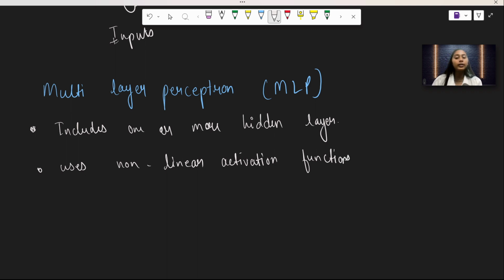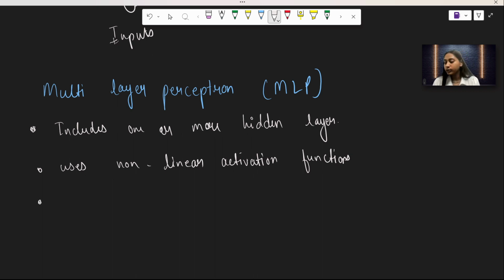Firstly, it includes multiple hidden layers. In the previous model, we did not have any hidden layer, but here we include one or more hidden layers. Then it uses the non-linear activation function to understand complex relationships. Firstly, we have added the hidden layer. Then we also added the non-linear activation function that will try to find the patterns even better.